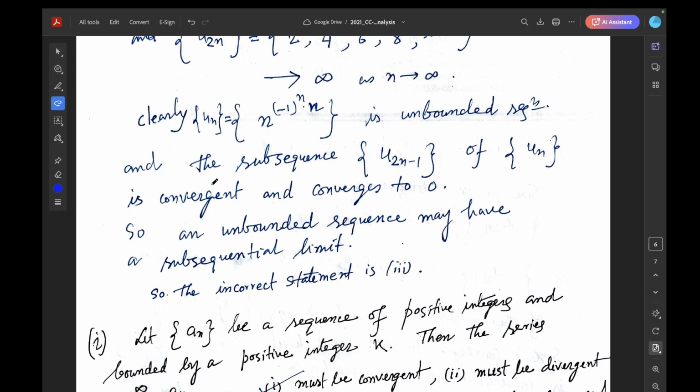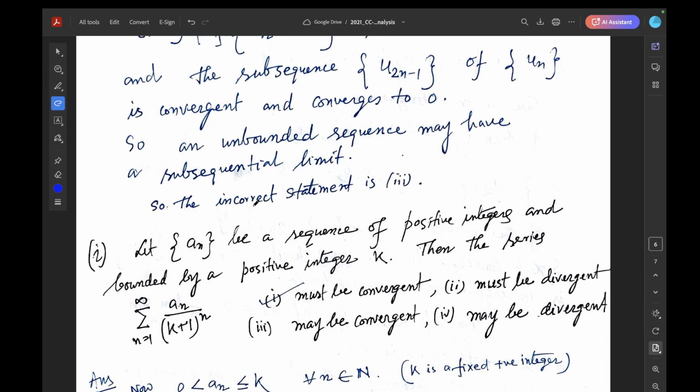You may choose this type of sequence: 0, 1, 0, 2, 0, 3, 0, and so on.